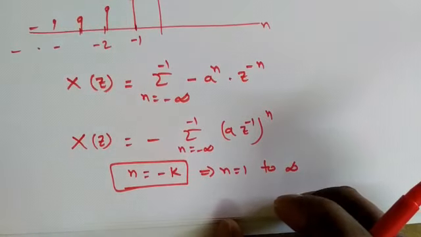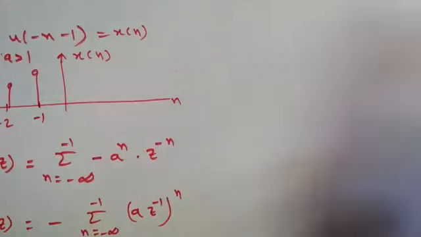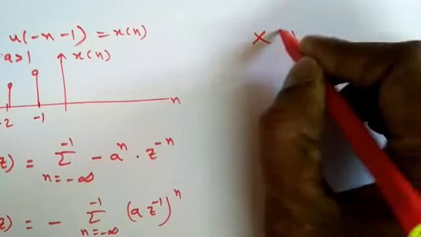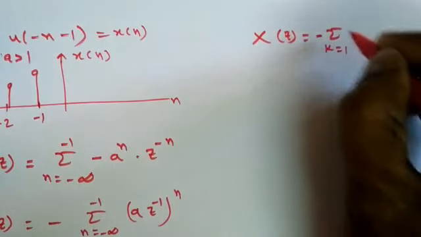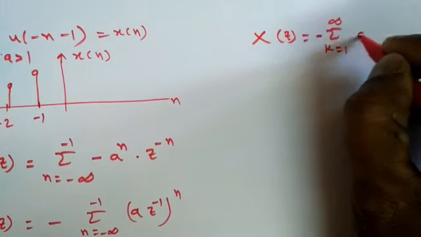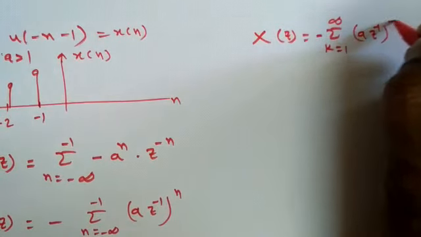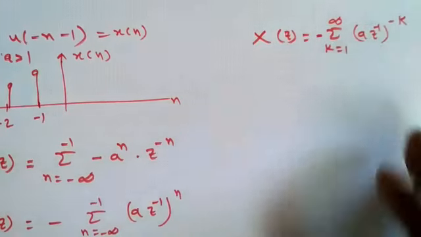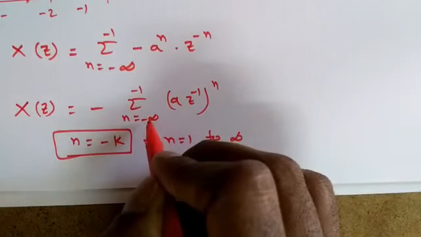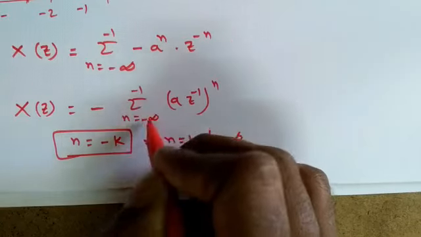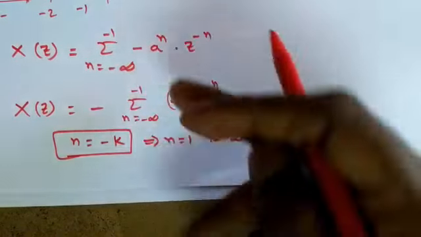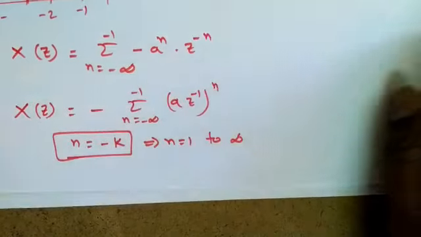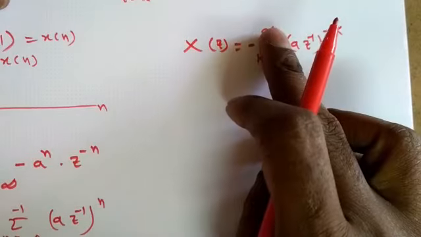So X of z now becomes minus sigma k equal to 1 to infinity of a into z inverse power minus k. You may ask, the limits would be infinity to 1, but that is not possible, so we can directly interchange them and write 1 to infinity.